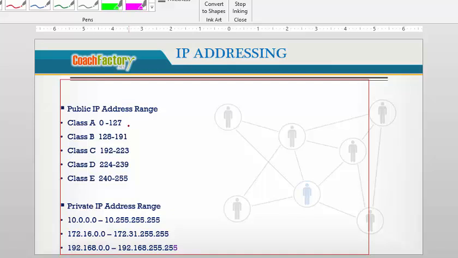Every class has a different range, a different starting range and a different ending range. Class A starts from 0, goes up to 127. Class B starts from 128, goes up to 191. Likewise, we go up to what? 255. So 0 is our first IP address and 255 is our last IP address.